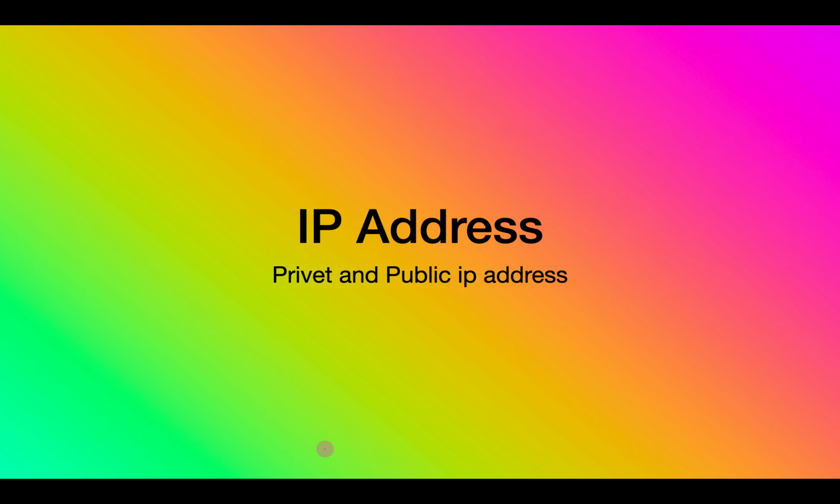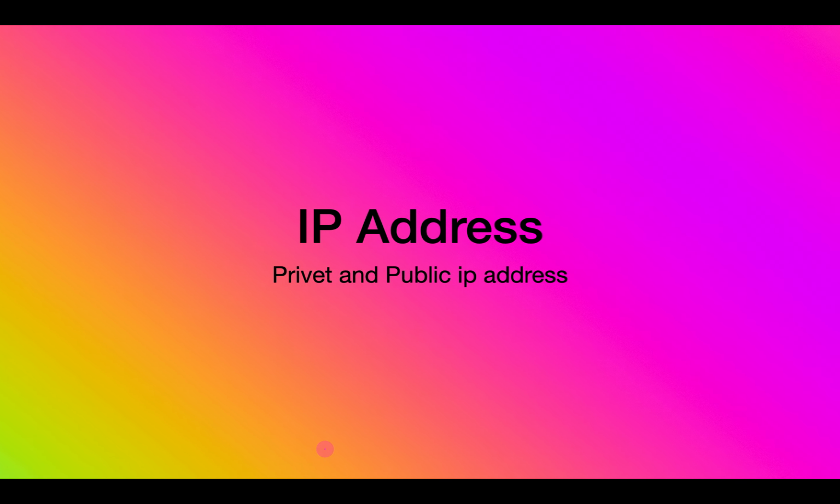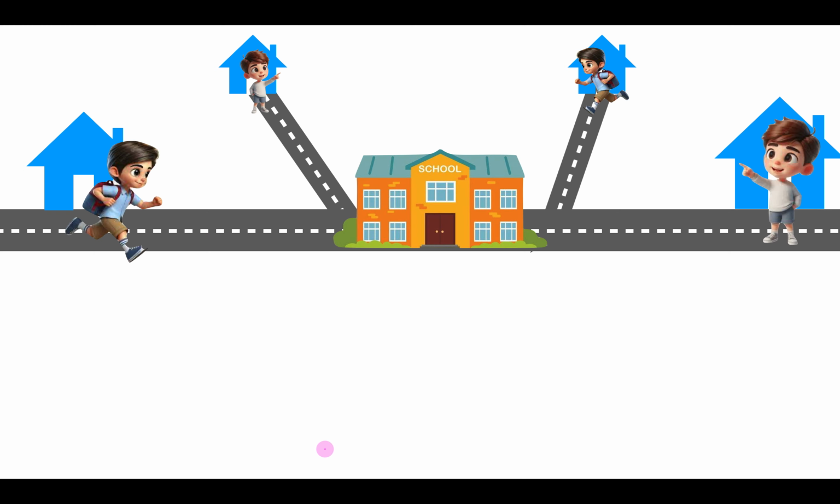Now we'll understand the private and the public IP addresses. For this, we will take an example. Let's say you know 4 kids who study in the same school. It is possible that all these 4 kids have the same name at home, like Chintu.